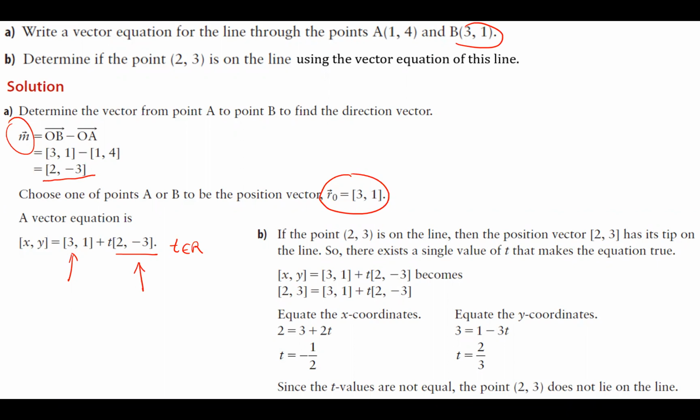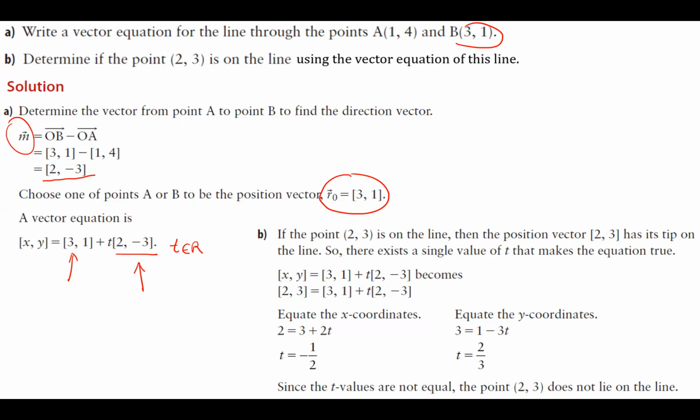If the point 2, 3 is on this line, then the position vector 2, 3 has its tip on this line, right? So there exists a single value of t that makes the equation true. So we can let xy equals 3, 1 plus t times 2, -3.